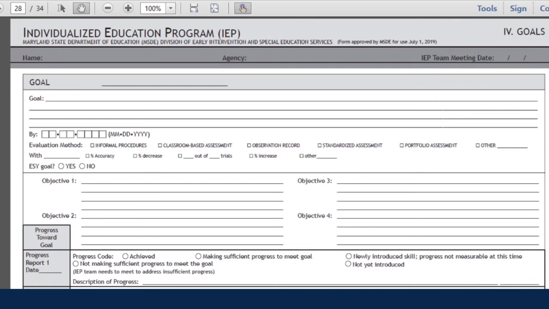So you want to be constantly asking yourself, do the goals meet the needs of the child? If you reflect back to the first tool that we completed after class 1, which was the IEP Breakdown interview or assessment tool, you want to make sure that all of the child's needs are addressed through the IEP.